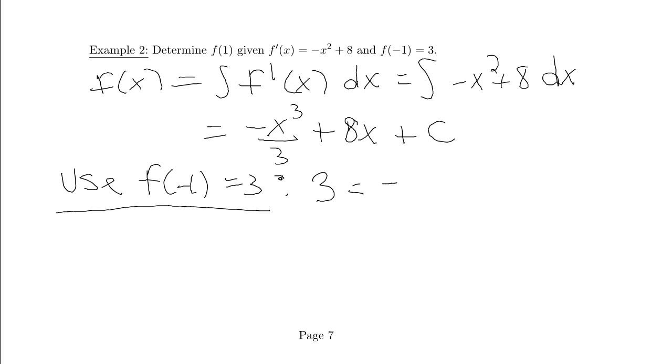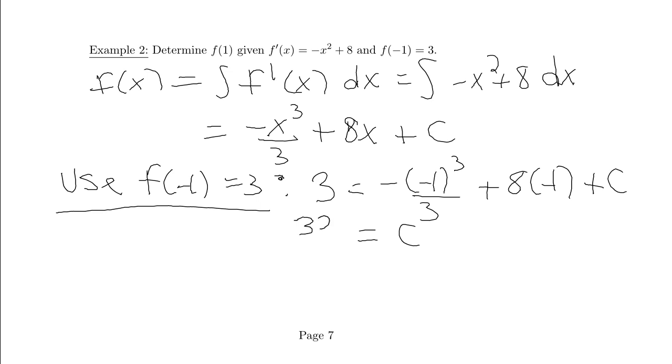So we have negative 1 cubed divided by 3. You can tell I'm getting a bit tired here. Okay, plus 8 times negative 1 plus c. And so solving all of this, we end up getting that our constant c is equal to 32 over 3. I definitely used my fraction button on my calculator to do this.